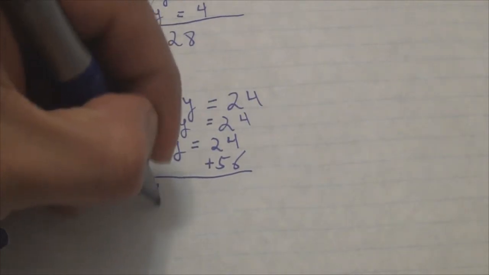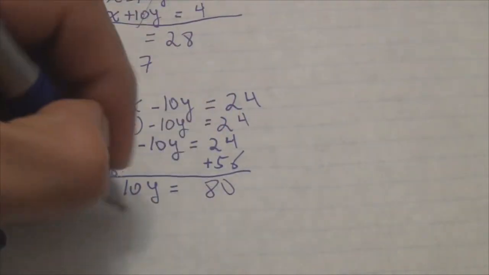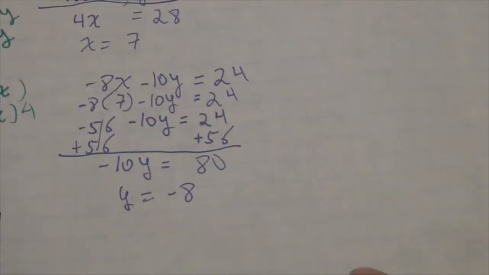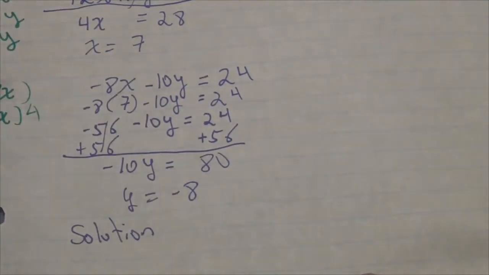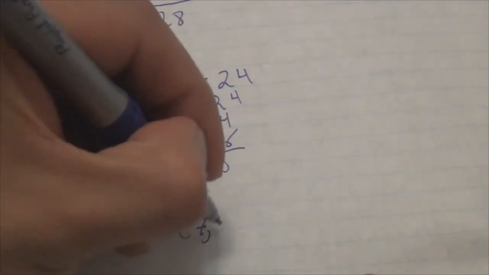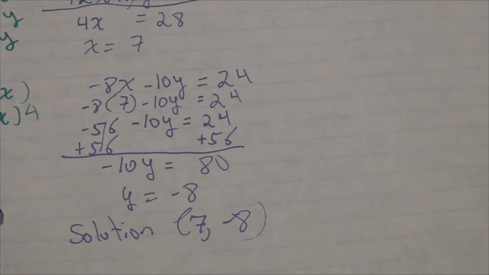So you get negative 10y equals 80. Divide by negative 10, and y is negative 8. Solution is 7 comma negative 8. All right.